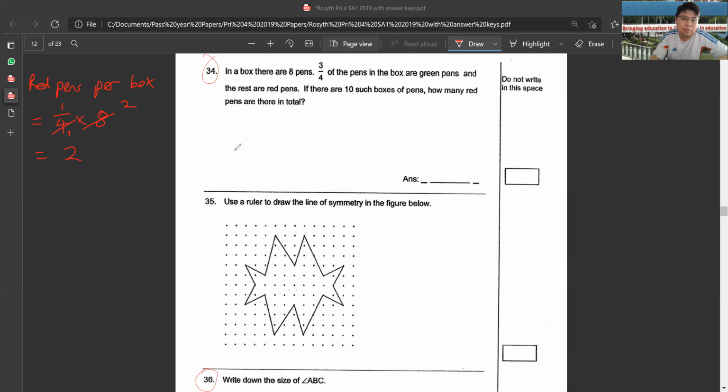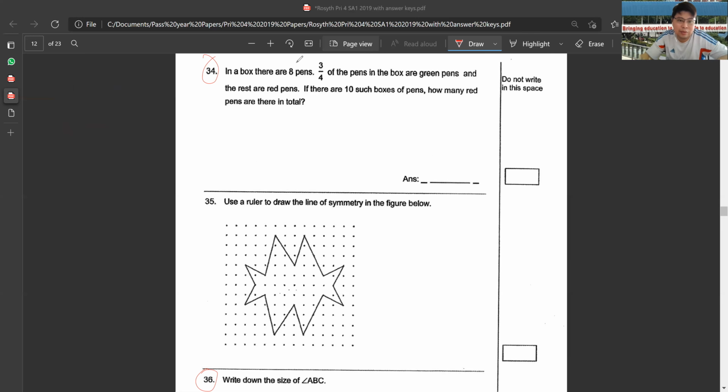How many boxes are there? 10 boxes. Each box has 2 red pens, so 10 times 2 equals 20. Get it now? Yes.